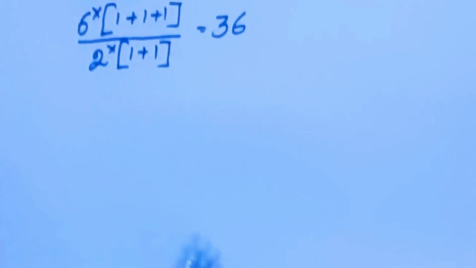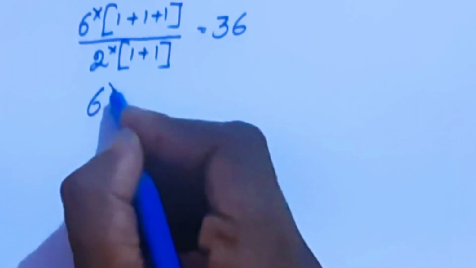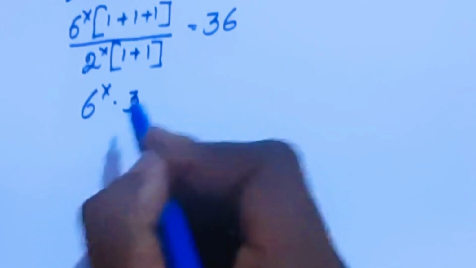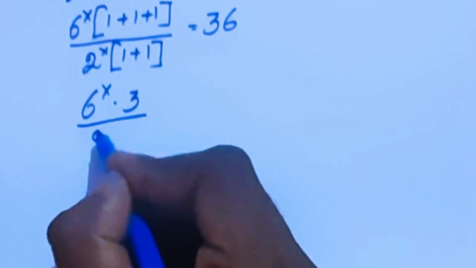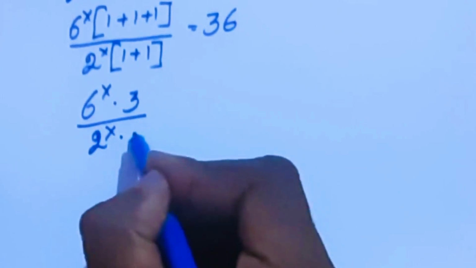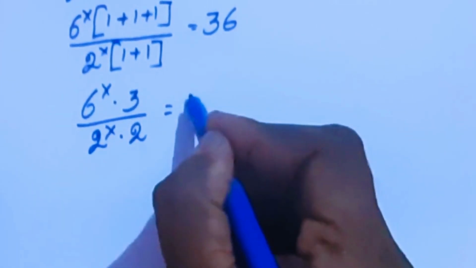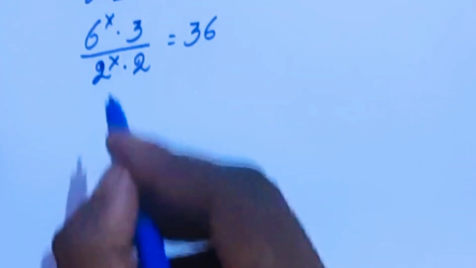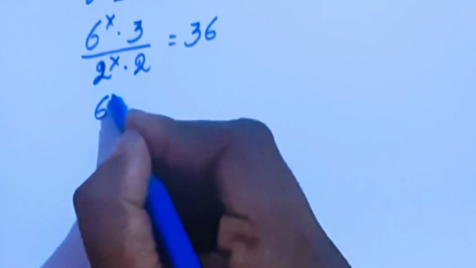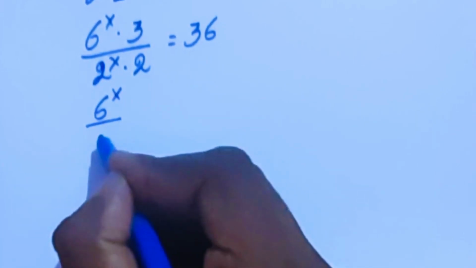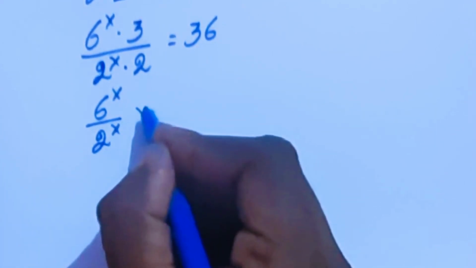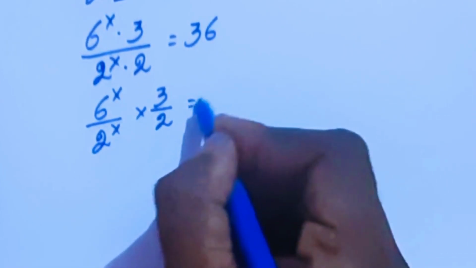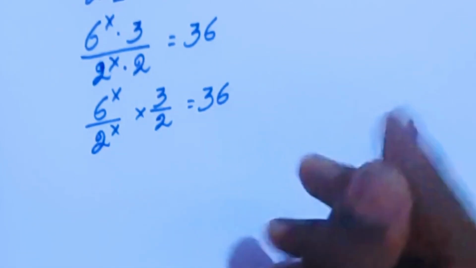Now 6^x times (1 + 1 + 1) is 3, by 2^x times 2, equal to 36. Now this can be written as 6^x by 2^x times 3 by 2 equal to 36.